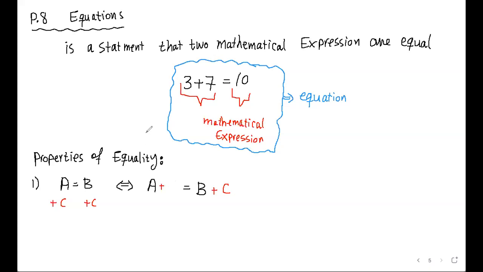Okay. The second property says if I have the equation A equals B and I want to multiply both sides by C, where C is any real number but C is not equal to 0, I get an equivalent equation: A times C equals B times C, such that C is not equal to 0.